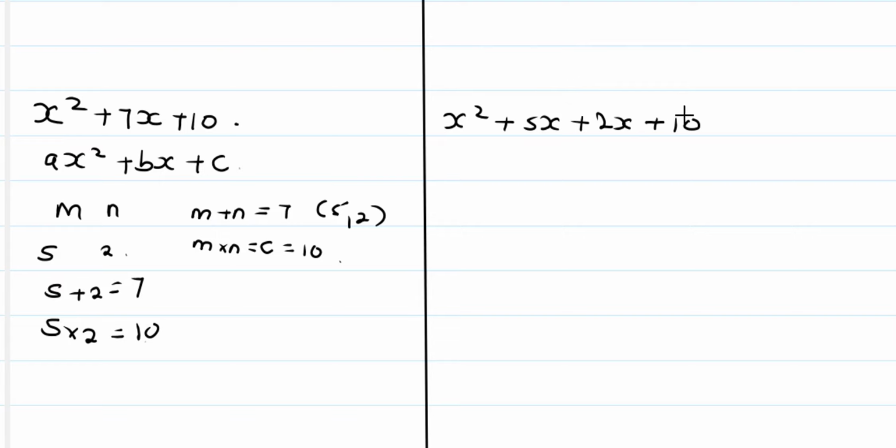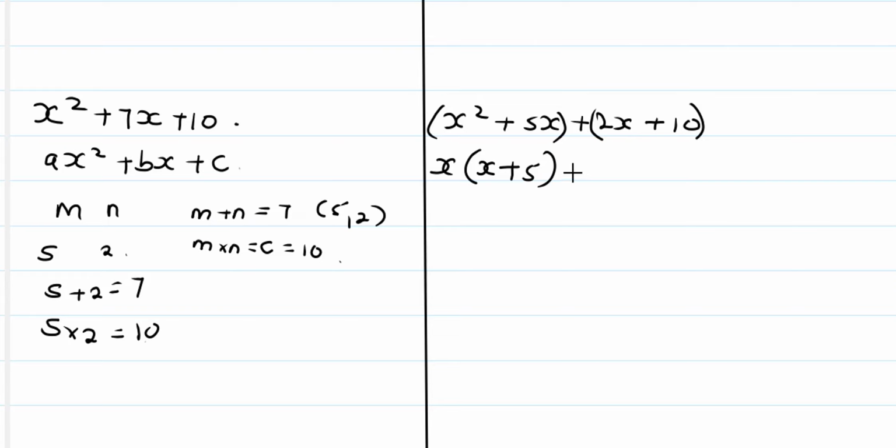And now that I have written the equation in terms of these two numbers, I can divide it into two parts like this. Then I start with this one and apply my normal factorization, where I find the common factor. I have x here and x squared here, so my common factor is x outside, then x, because x multiplied by x is x squared, plus 5, because x multiplied by 5 is 5x.